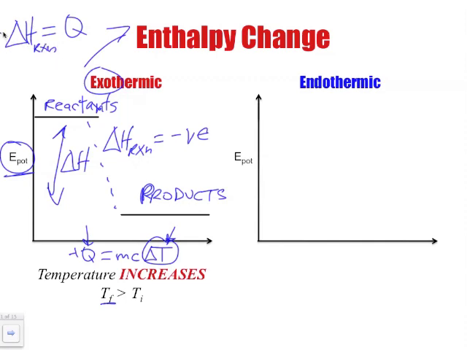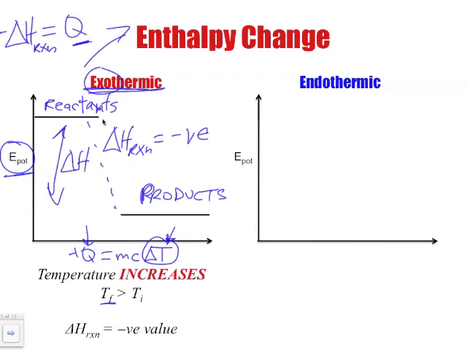To get a negative delta H of the reaction, we're going to have a positive Q in a specific heat capacity question. So what's going to happen is we're going to have an increase in temperature. The minute we see an increase in temperature, we know it's going to be exothermic.